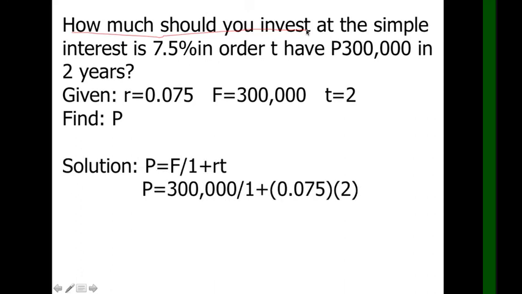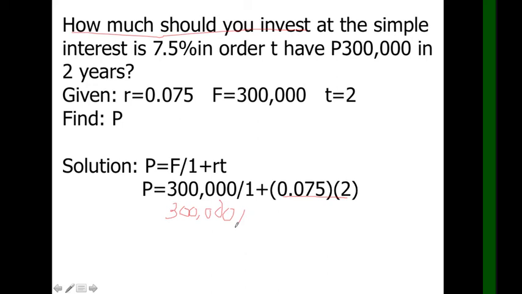So, we have P equals F over 1 plus RT, or pwede mo rin gawin yung formula na binigay ko kanina. So, ito muna tayo. P equals F over 1 plus RT. So, we have 300,000 divided by 1 plus 0.075 times 2. So, paano yan gagawin sa calculator kung ang gamit mo ay cellphone lamang? So, we have 0.075 times 2, click equals, plus 1, click equals. So, yung nakuha mo ay i-divide mo sa 300,000.